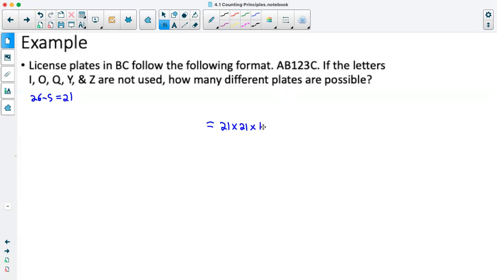So 10 options for the first number, 10 options for the second number, 10 options for the third number. And then for this last one, we have times 21, which is our number of available letters. And we find that based on this format, we can create 1,852,200 unique license plates.